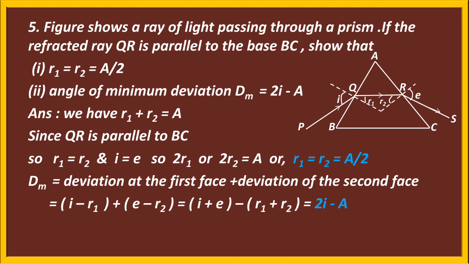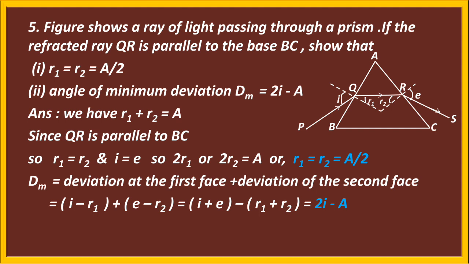Now for the deviation, DM equal to deviation at the first face plus deviation at the second face, the first face AB and second face AC. So DM equal to deviation at the first face plus deviation at the second face, which is replaced by I minus R1 plus E minus R2, equal to I plus E minus R1 plus R2.